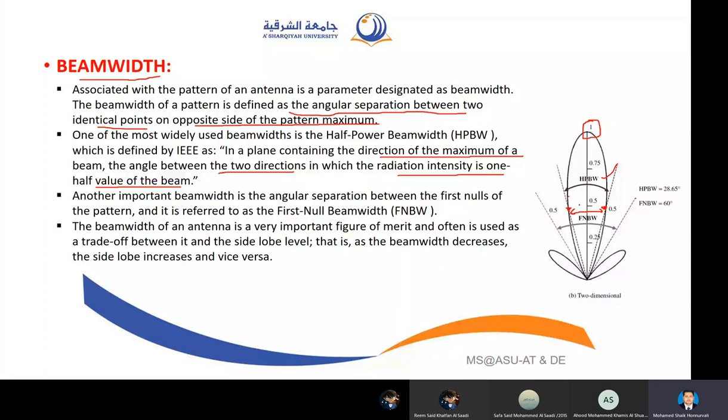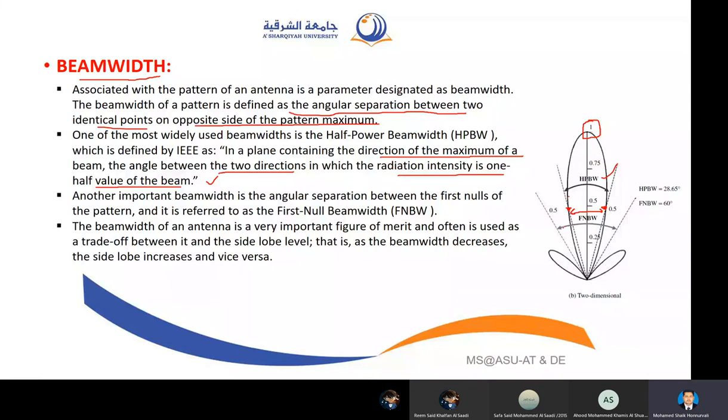Where are those 2 0.5 points, and how much angle is there between them? That angle we call the half power beam width, if it is a power pattern. If it is an electric field pattern, you take 1 by root 2, remember? 0.707. If the power pattern is in dB, then you take minus 3 dB.